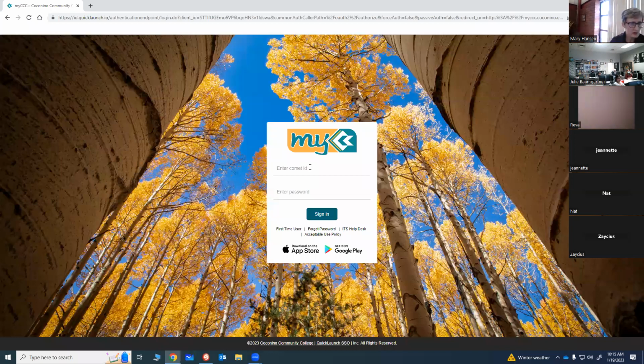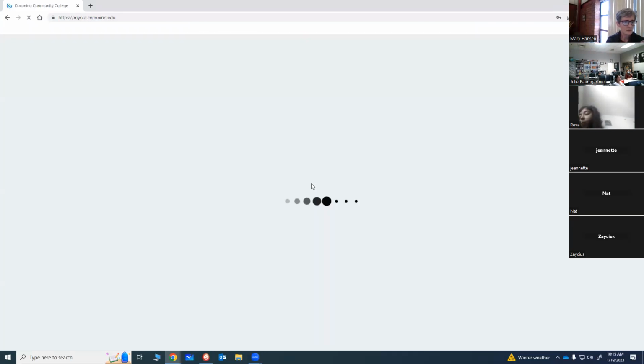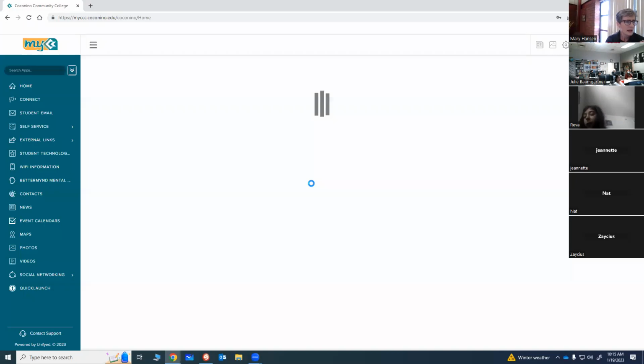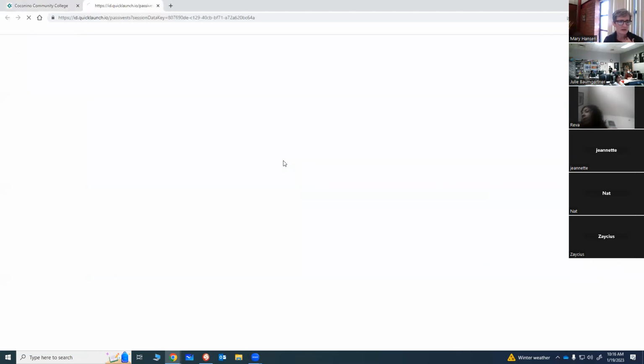And at that point, it will ask you for your login credentials, which it logged me out already. So I would sign in. And once you get to this page here, what you're looking for is Canvas, which is in the upper left-hand corner. Click on Canvas.